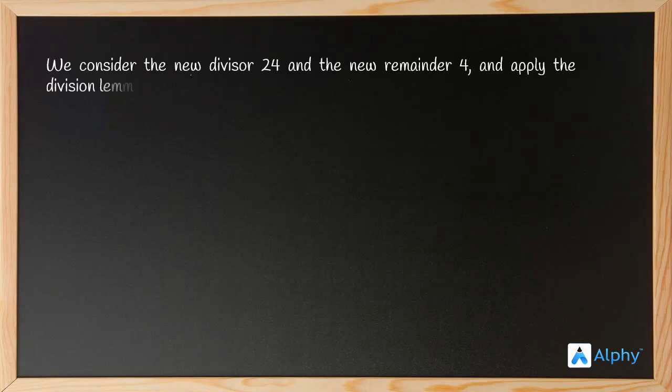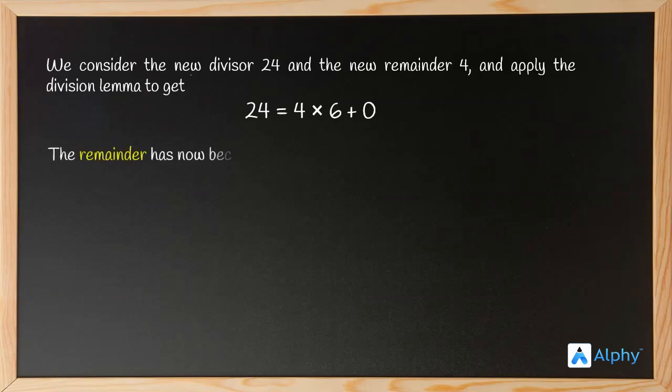So we consider the new divisor 24 and the new remainder 4 and apply the division lemma to get 24 is equal to 4 into 6 plus 0. Now you can see the remainder has become 0, so our procedure will stop. We don't have to do further calculation because our remainder has become 0 and it will make no sense.